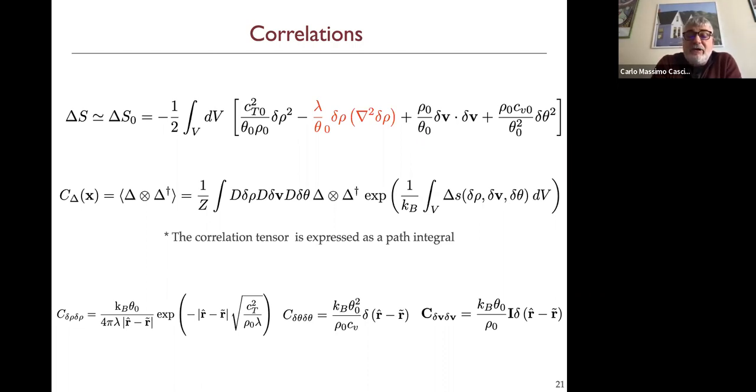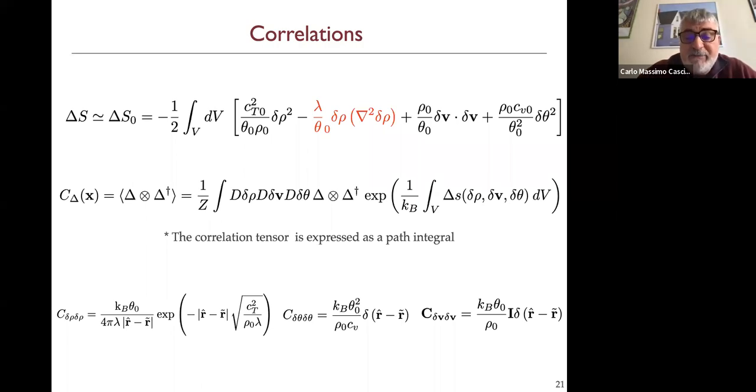So what you have to do is average the product of the fluctuations, the tensor product of the fluctuation with itself, multiplied by the probability, which is the exponential of the integral of the entropy. And then you have to integrate that over all the possible density, velocity, and temperature fluctuations.